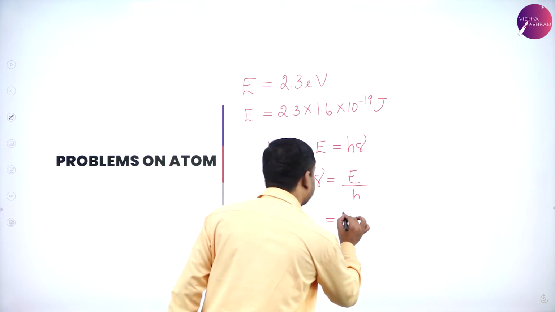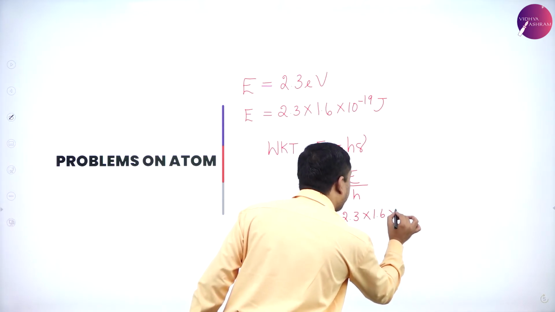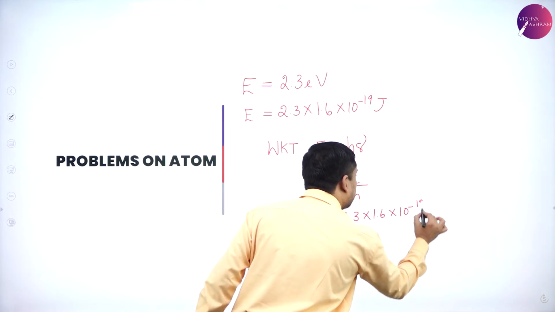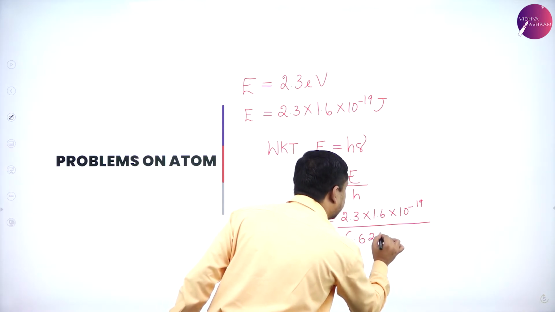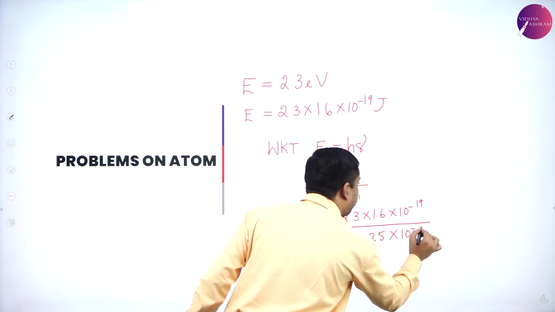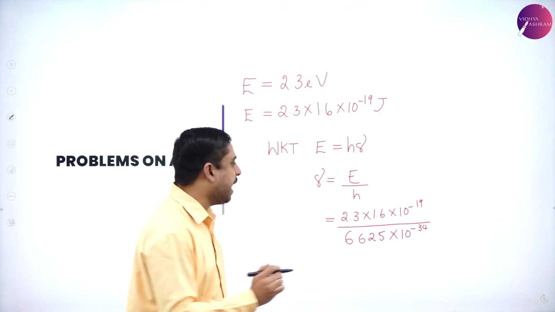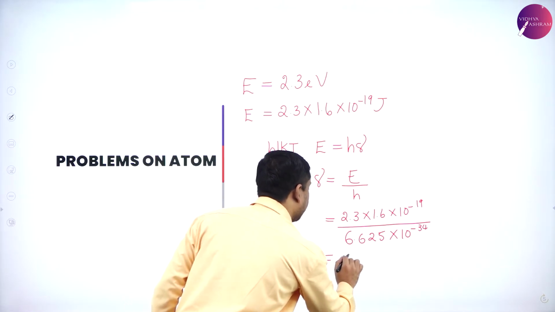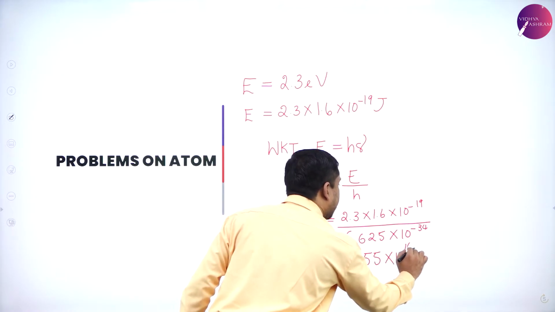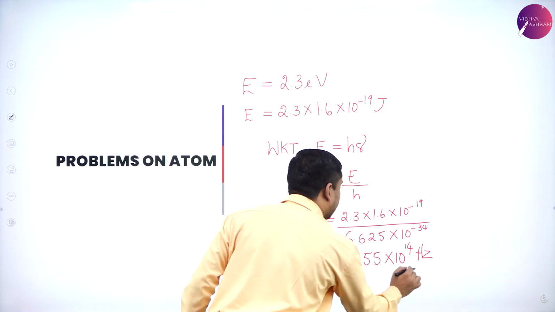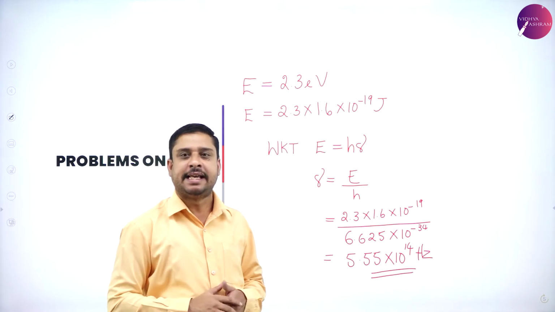So E is 2.3 into 1.6 into 10 power minus 19, h is 6.625 into 10 power minus 34, standard value of Planck's constant, we get 5.55 into 10 power 14 hertz. So this is the value of the frequency.